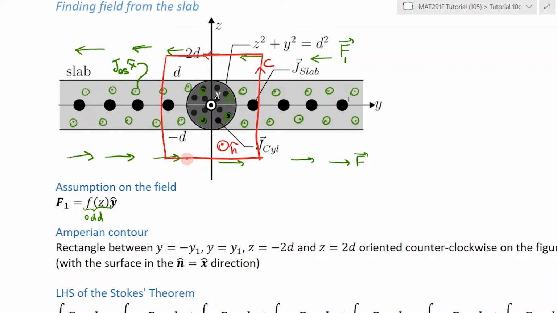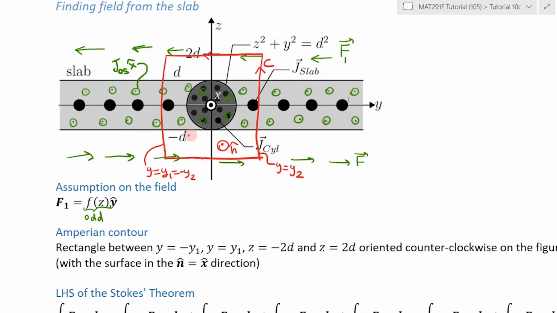I'm going to label the portions of the contour. Here would be the contour where the y value equals y1, or we could also call it negative y2, where y2 is the y coordinate of this portion. You see, I'm just making the contour symmetric.